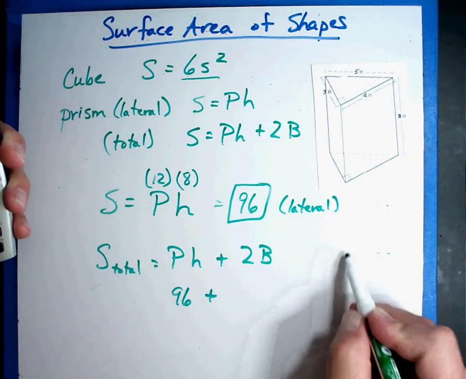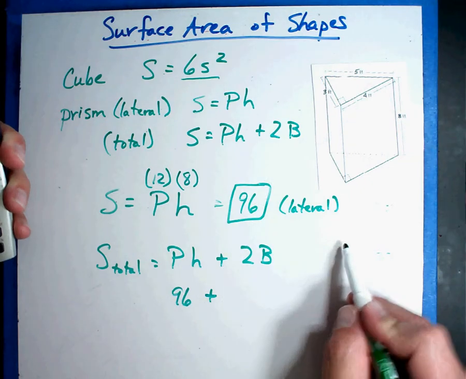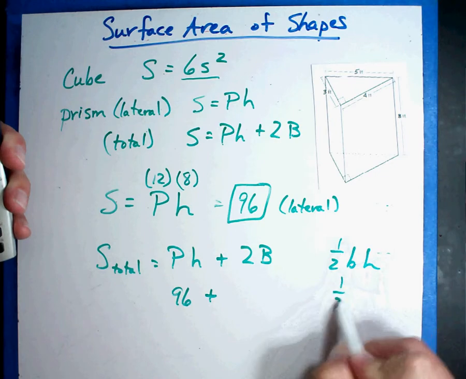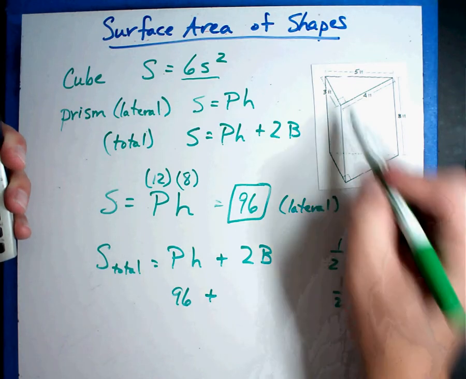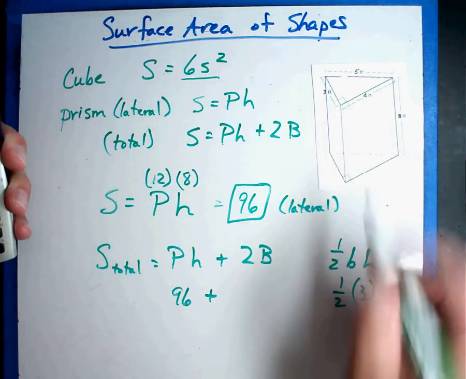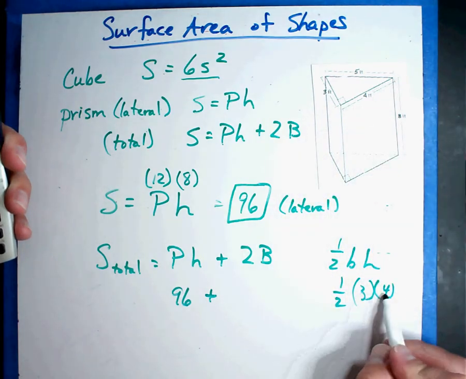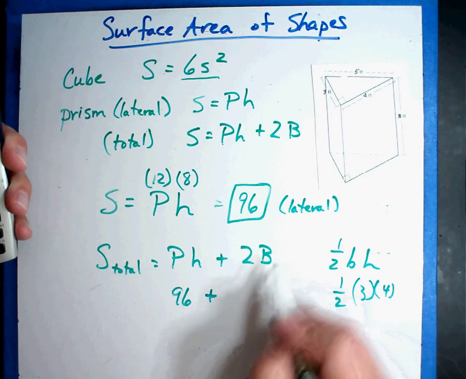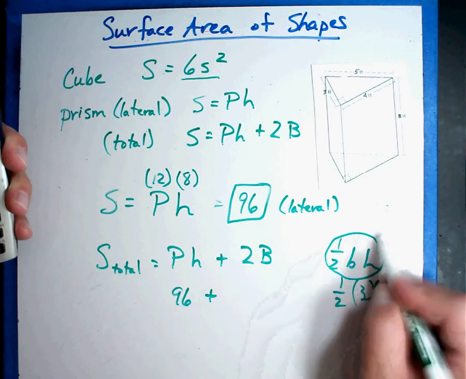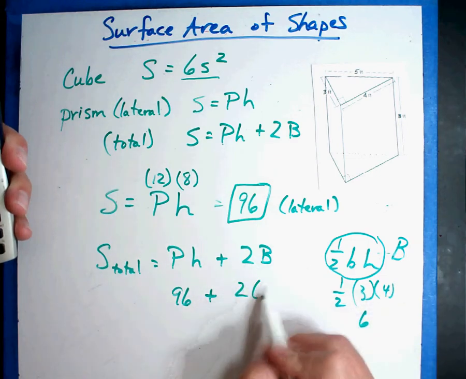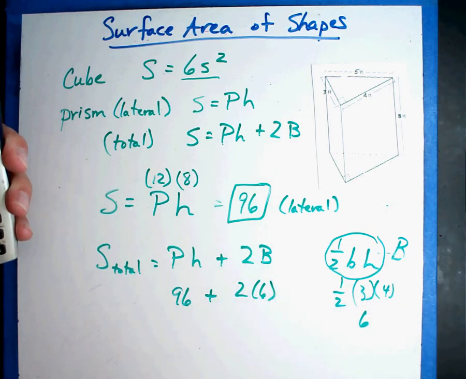So the area of a triangle is 1/2 the base times the height. So that's 1/2. The base is 3, and the height is 4. So 4 times 3 is 12, divided by 2 is 6. That's all big B. And it says 2 of those. So this equals 6. So 2 times 6 gives me 12, plus my 96.